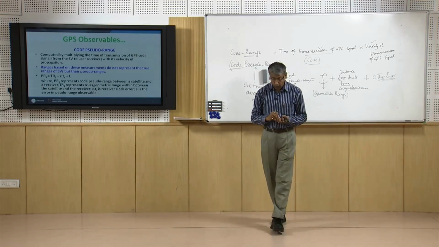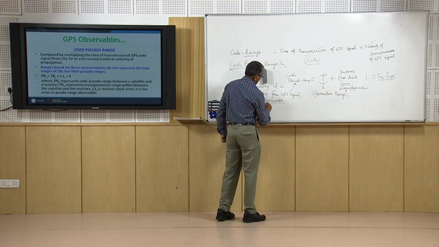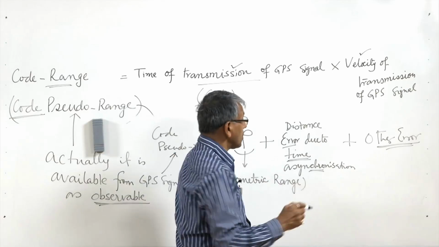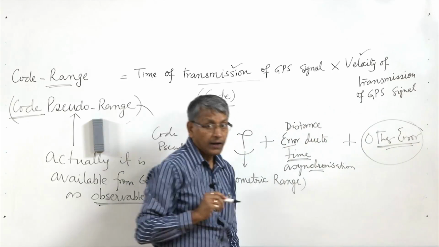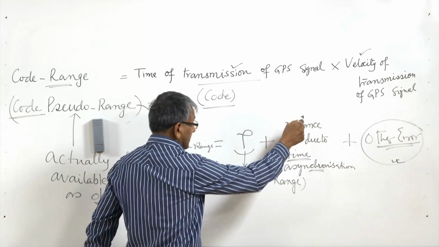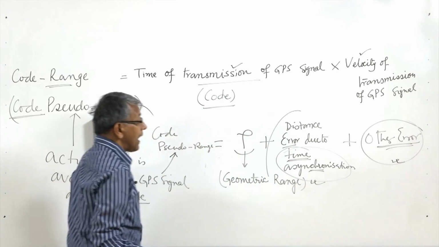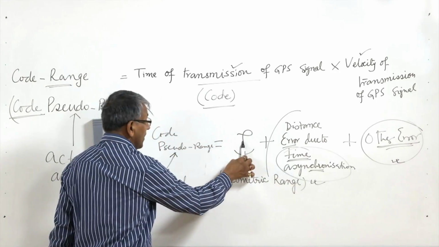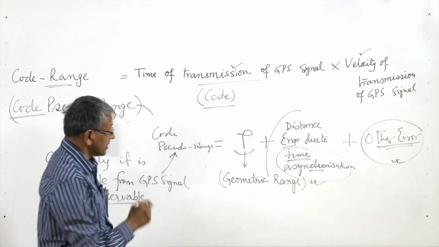So this is our GPS code observable, and it consists of these three parts. We need to know these errors and remove them, and determine the time synchronization error, and once we know this, we will be able to find the position correctly.